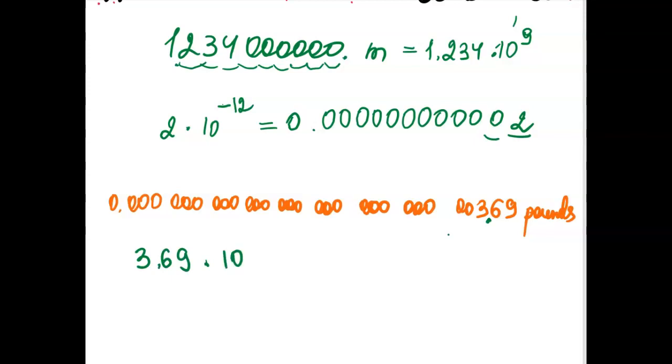The power will be negative because we are moving the decimal point to the right. So we need to calculate spots: 1, 2, 3, 4, 5, 6, 7, 8 gives us 24, 25, 26, and 27. 10 to the power negative 27 pounds.